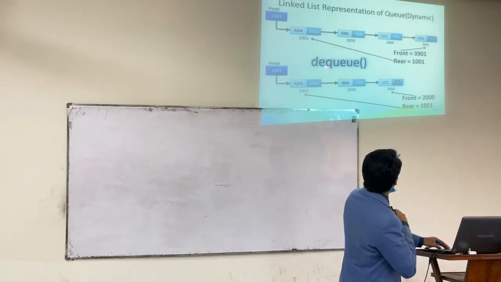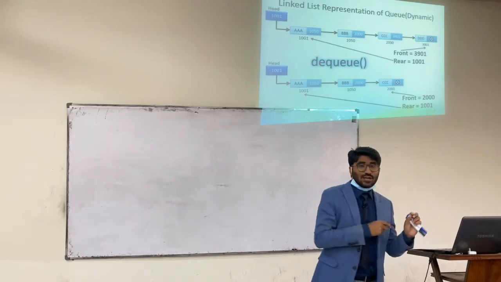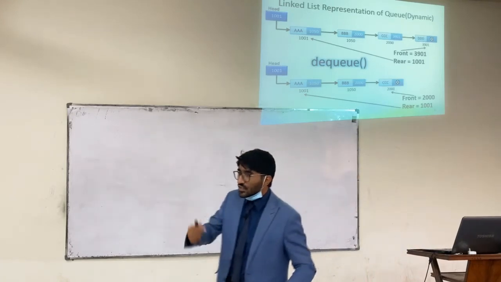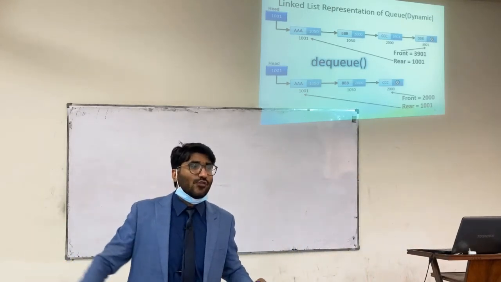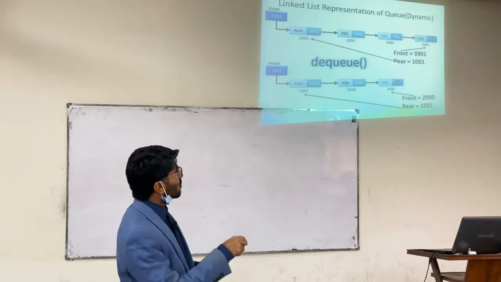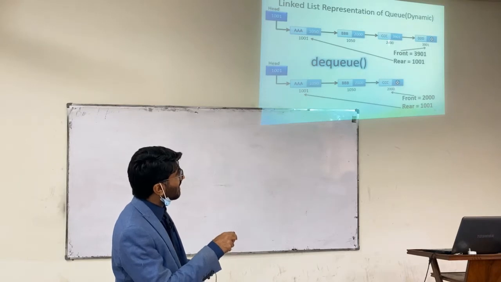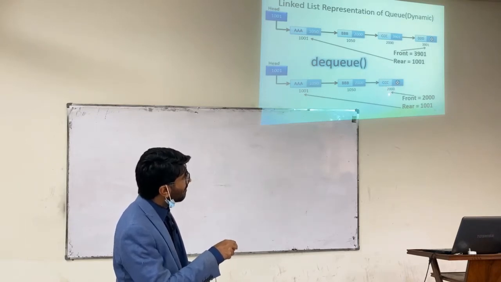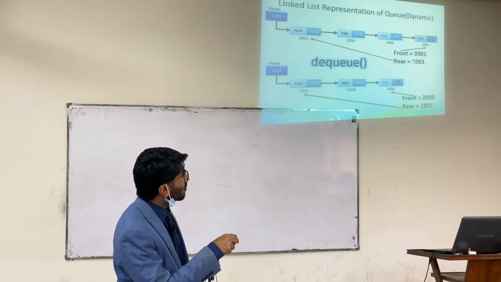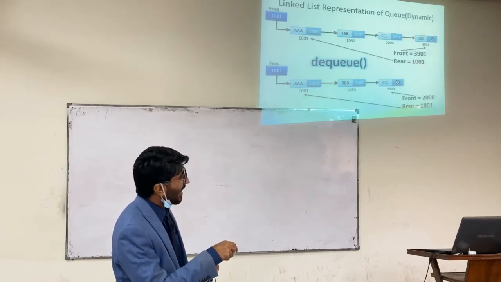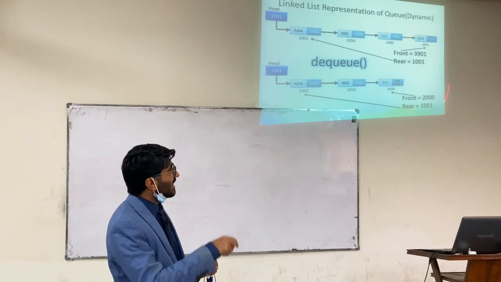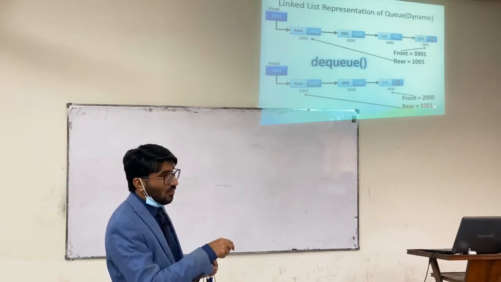Dequeue is basically a function which is used to delete a value from the queue. So when we remove this one, now the value of front will change. Now front will point to the next one, but rear will remain the same. The value of rear was 1001, and after removing this data, the rear is still 1001.